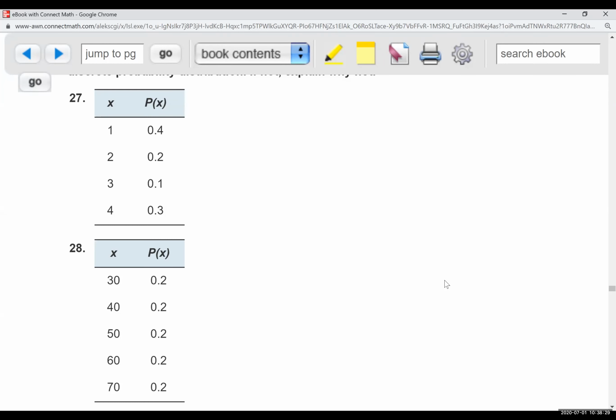Is it a probability distribution? Yes. You see probabilities between 0 and 1, and when you add up all these numbers it is equal to 1. How about 28?